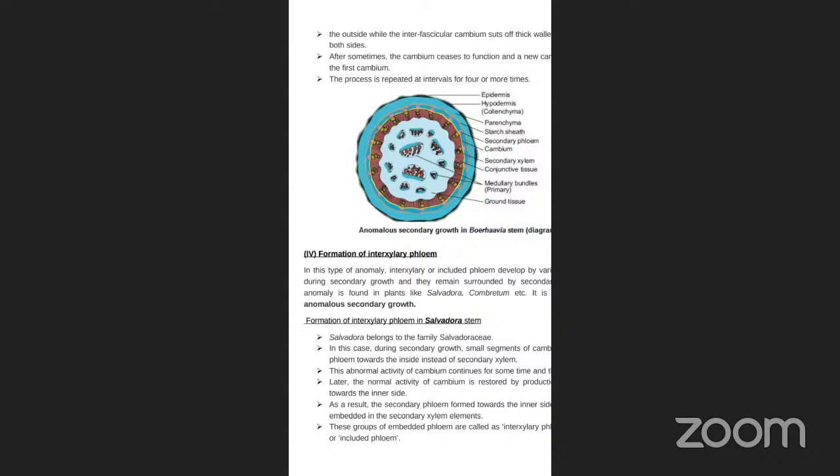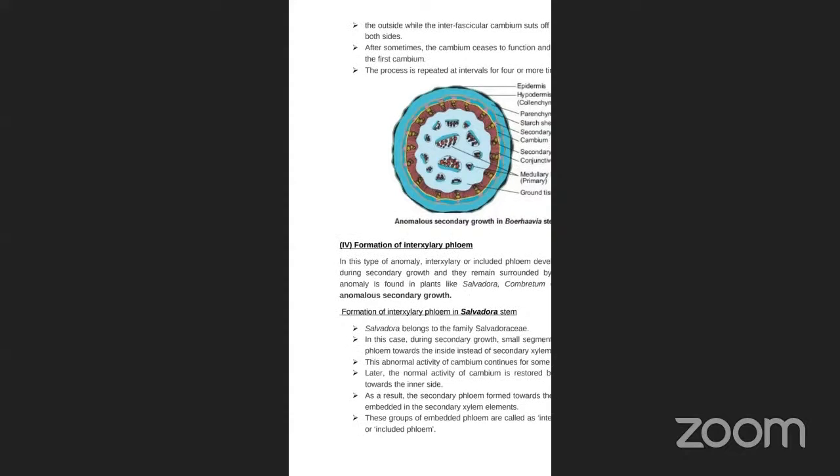Here, abnormal secondary growth is found in different plants. The first one is Boerhaavia, internal anatomy. In this type of anatomy, interxylary or included phloem develops by variation in cambial activity during secondary growth.